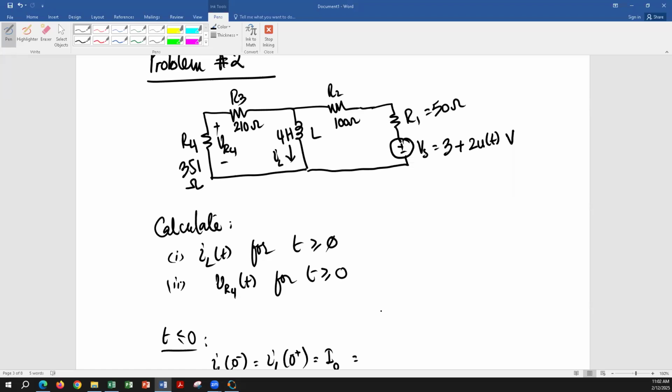So how are we going to find that current that is passing through the inductor? We are trying to find the initial value of current. Use Ohm's law, very good. So what will be the equation?